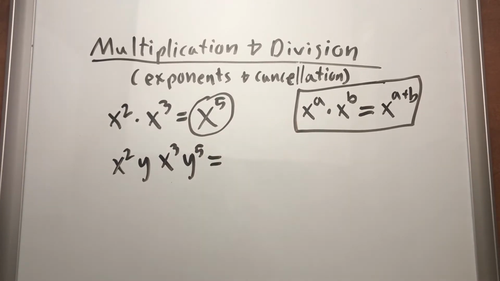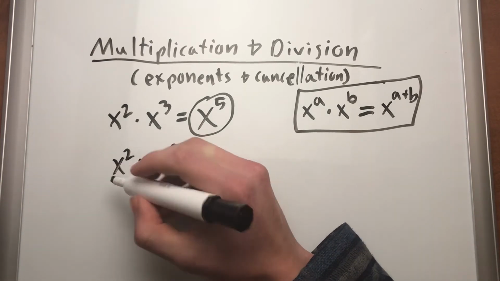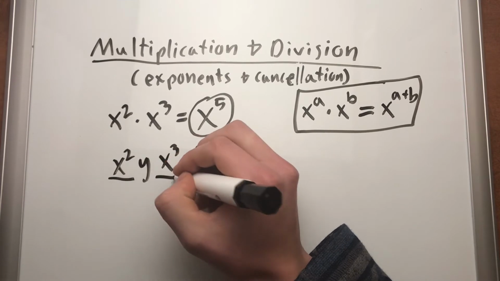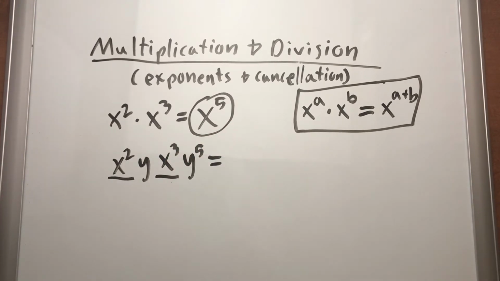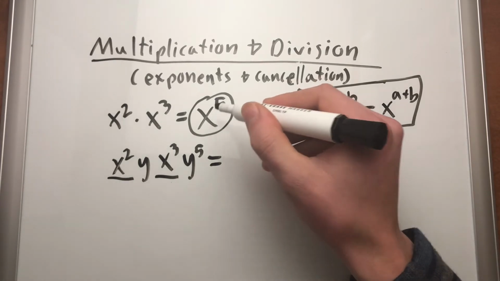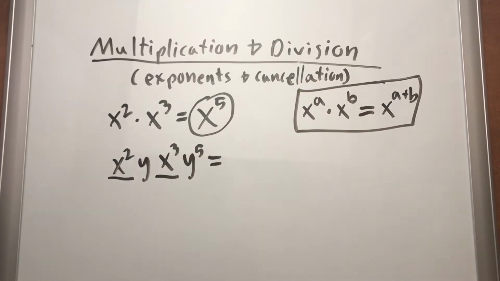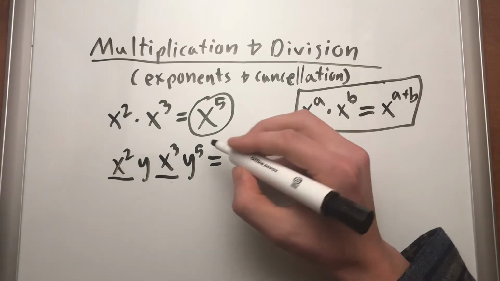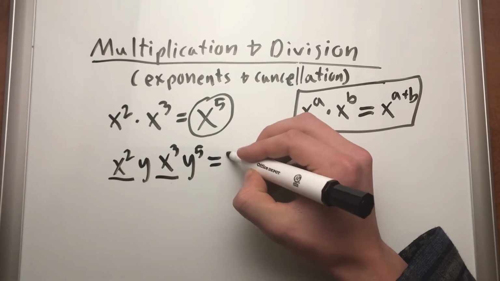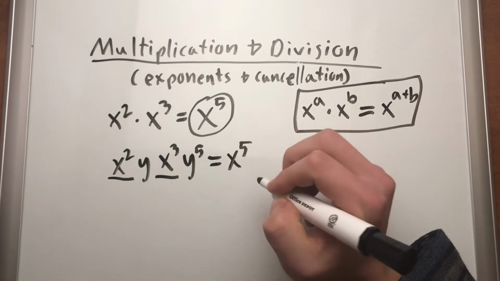How would we simplify this expression? Well, we know that if we multiply two things that are the same but just raised to different powers, we just take the sum of their exponents. So x squared times x cubed is x to the 5th.